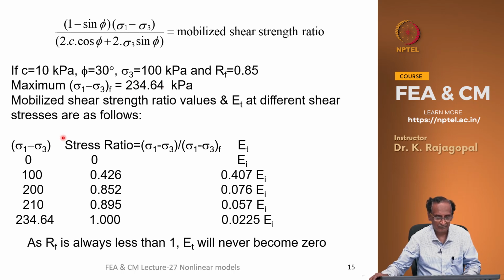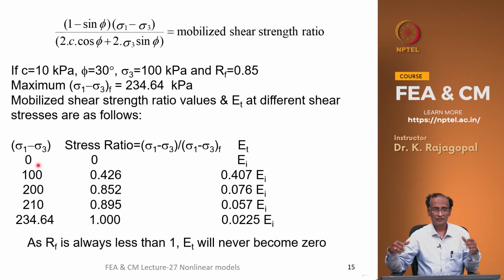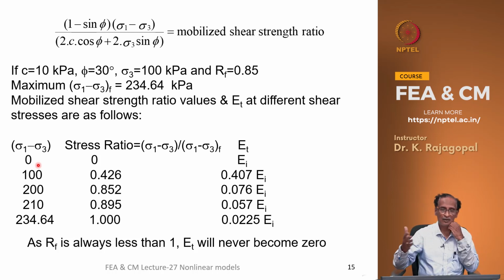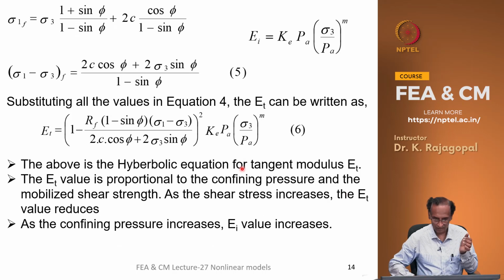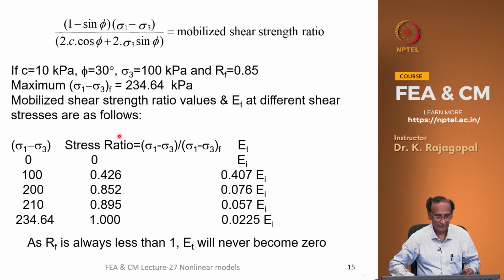And let us say at sigma 1 minus sigma 3 of 0, that is at the start of our triaxial compression test, our stress ratio is 0 and your initial modulus is Ei, because if sigma 1 minus sigma 3 is 0, this bracket will become 1, right.